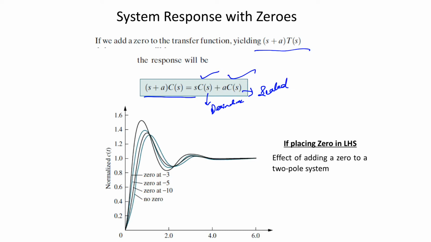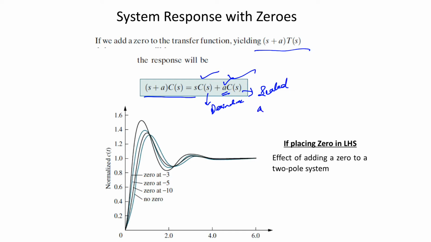If a, the negative of the zero, is very large, the Laplace transform of this response is approximately aC(s). So if a is very large, the total Laplace transform equals aC(s), the scaled version of the original response.